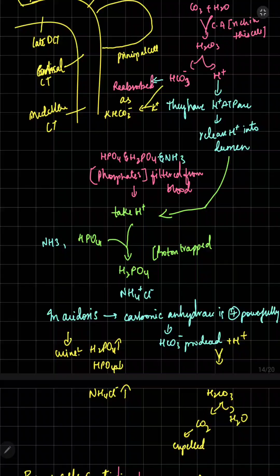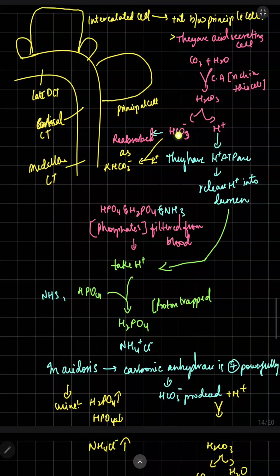We should know that this carbonic anhydrase enzyme can work in a bidirectional way. It can favor this, and it can also form this. It's a bidirectional enzyme, by the way.